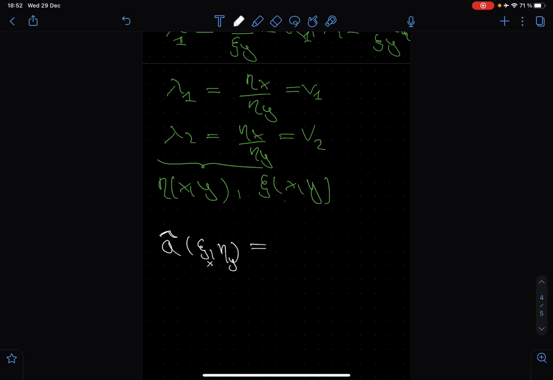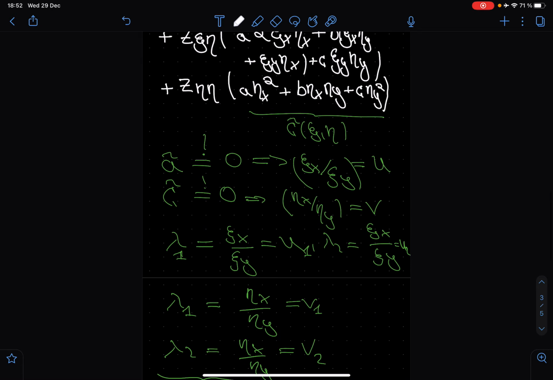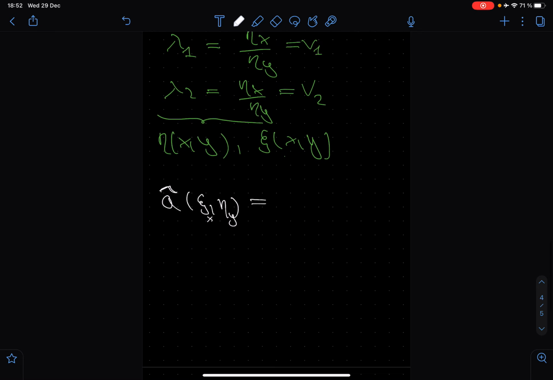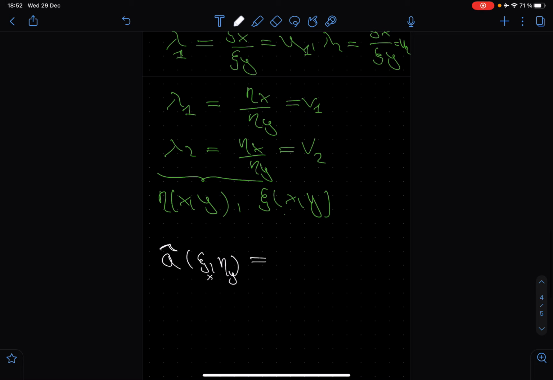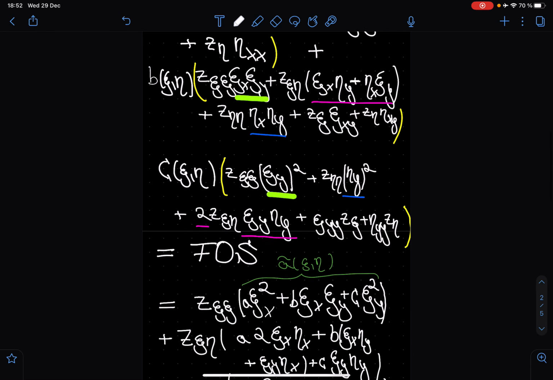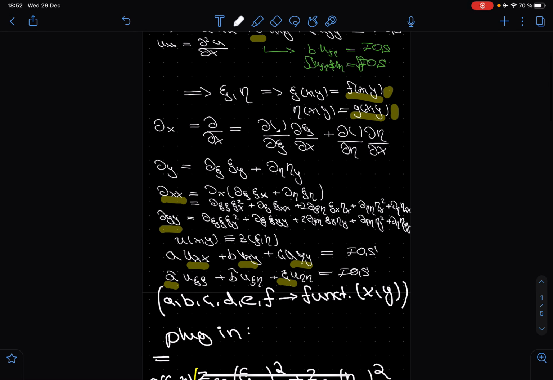Because you see, the other derivatives, psi yy and eta yy, will all be on the right hand side in the first order term, because if you have second order derivatives, you will have everything on the right side, as you might see here.